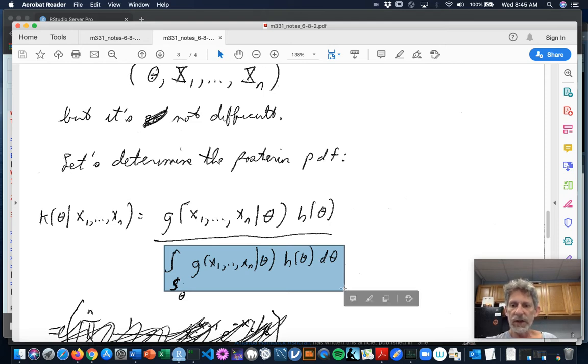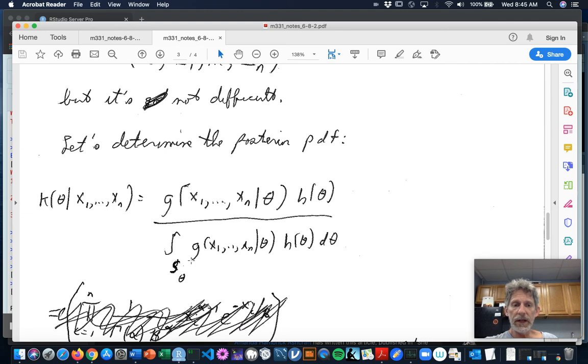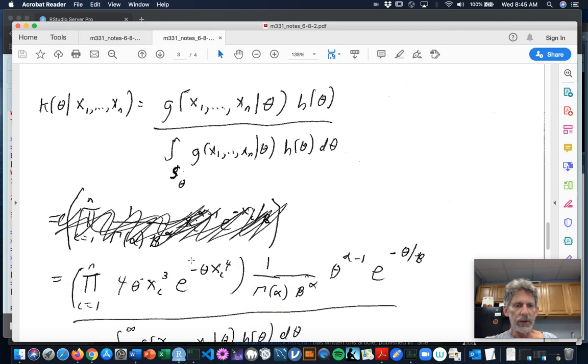Unconditional because we've used conditioning to integrate out. So same formula as before, and so we just fill in what we know.